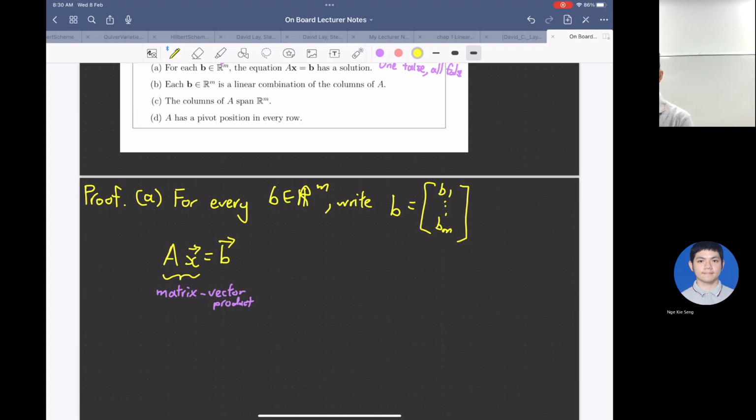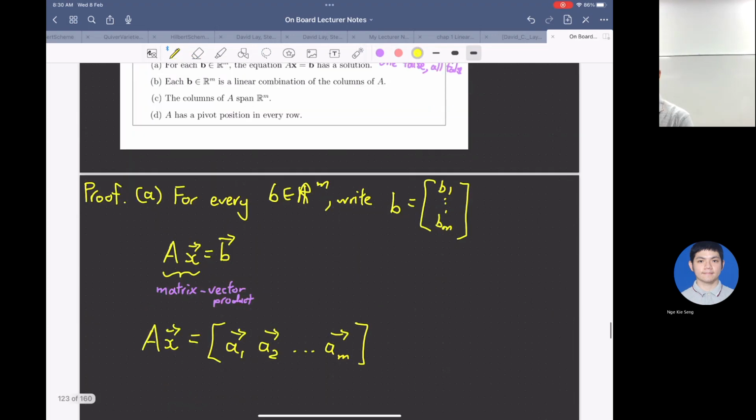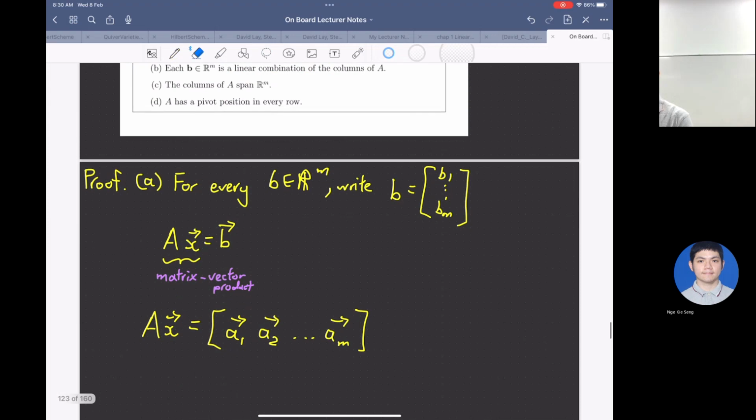Okay, so how should I write? Let me write like this. Let me split my matrix into columns first, and then split my x into scalars, x1 up to xn.